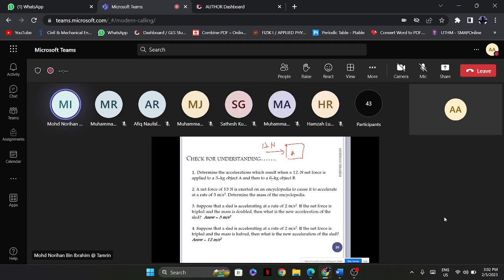And then a 6 kilogram object B. This is object B. Determine the accelerations which result when a 12 Newton net force is applied to the 6 kilogram object B. This one is 6 kilogram, and A is 3 kilogram.